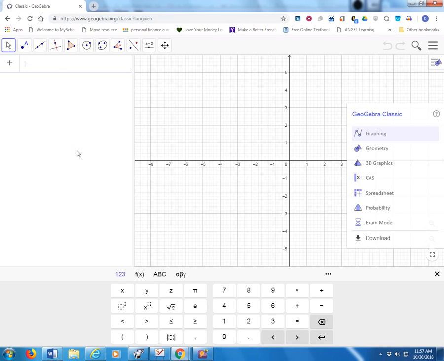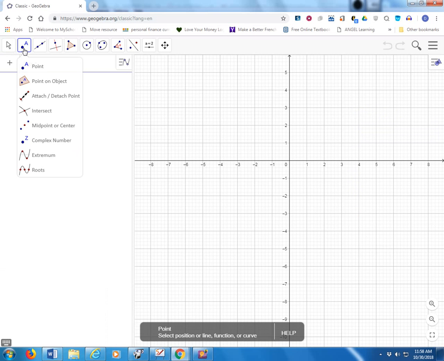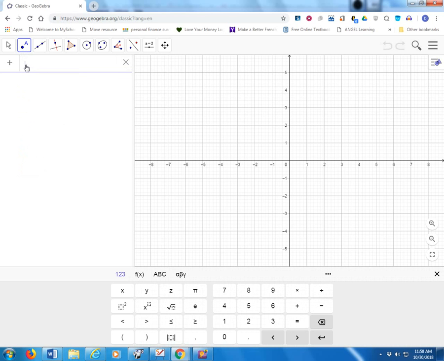Okay? So what I want you to do, does everybody have like a flashing screen here at the top going? Okay. So if I want to make a point, let's just pick a point. So you click on the point, and then click point, and you can actually just put the point in right there. So just put in 3, 4.